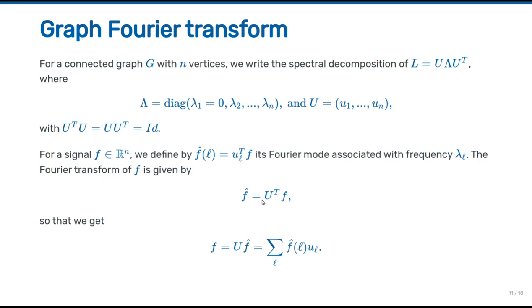You just need to multiply this by U. And since U transpose U is the identity, you will obtain the original signal. So in matrix form, this is written here. Or if you want, we did decompose the original signal f as a sum of the eigenfunctions of the Laplacian with the corresponding Fourier mode.